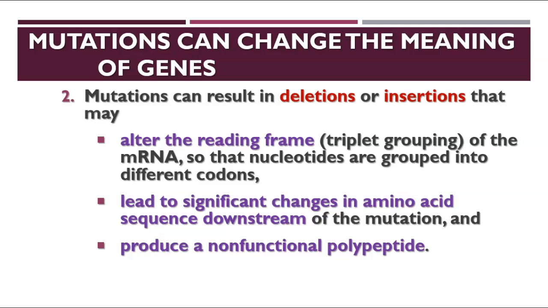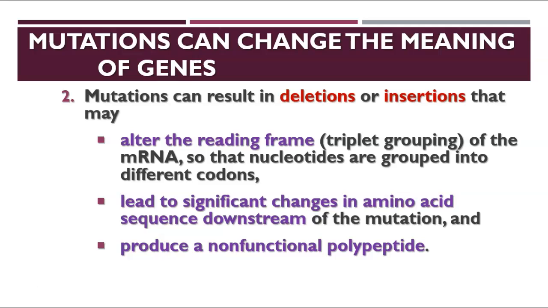The other kind of mutation that we can have is a deletion or insertion. Maybe if you insert an extra letter in a word, I have a tendency to do that sometimes when I'm typing. I'll just stick an extra letter in there and have to go back and delete it. Or if you delete a letter, that's going to change the reading frame, the triplet grouping of the messenger RNA, so that the nucleotides are now not grouped into the same codons they were before.